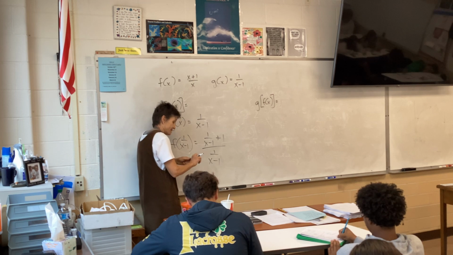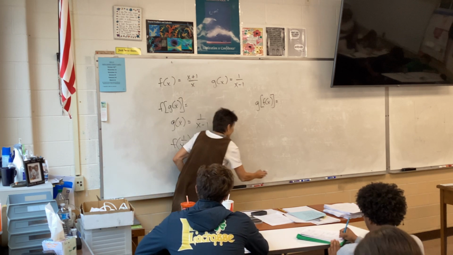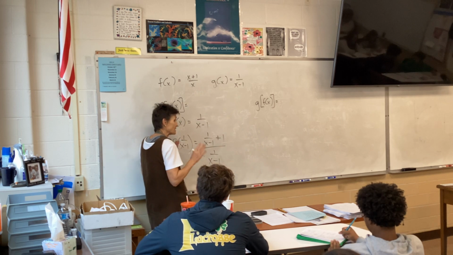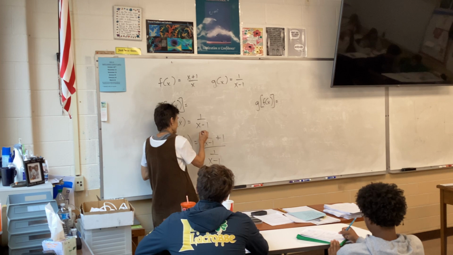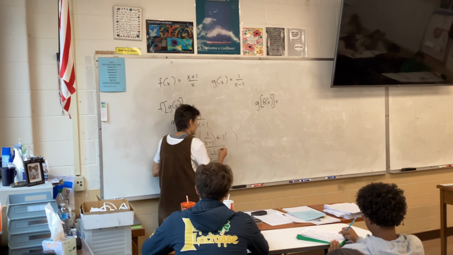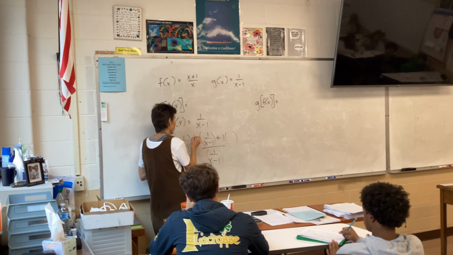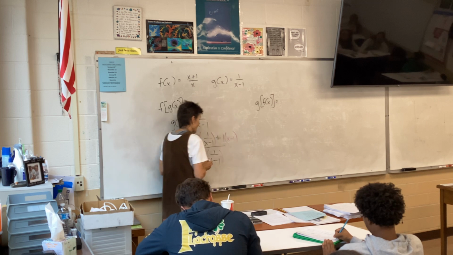You can do it any way you want, but the easiest way, the least writing, is to take each piece of the problem, and in this case there are 3 pieces, and multiply by the common denominator, which is x minus 1.